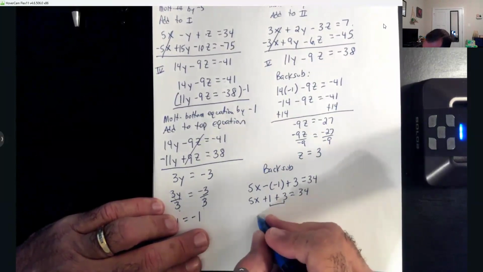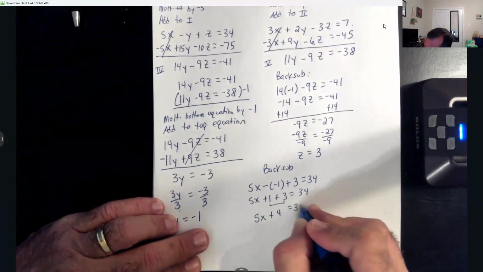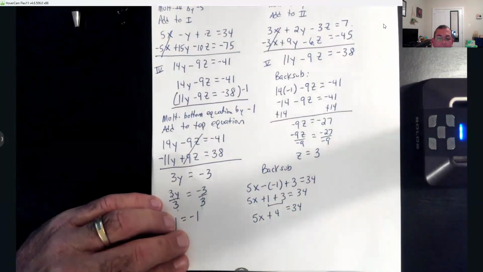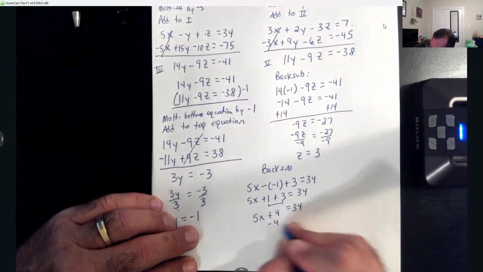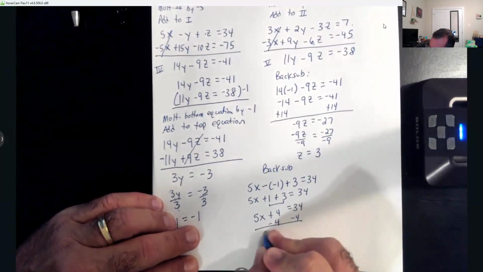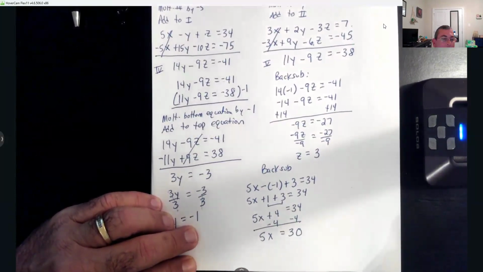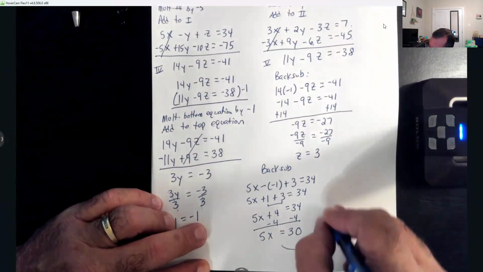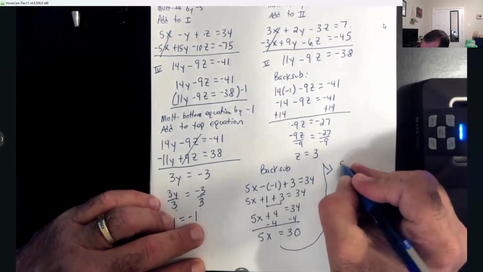So I'm going to add like terms. 5x plus 4 equals 34. Notice now we're going to subtract and divide. So we'll subtract 4. We get 5x equals 30. And y'all guess what? Our final step, divide both sides by 5.